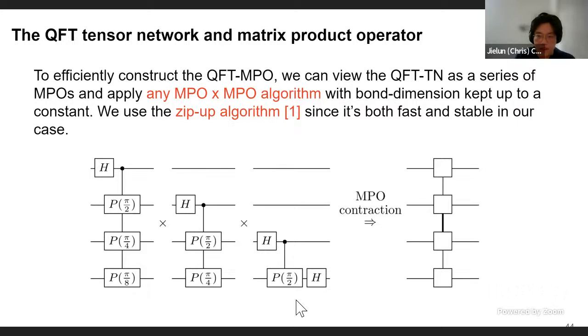So the problem with their framework is that you cannot really guarantee what's the entanglement weighting between applying these MPOs. By showing the entire QFT has a small entanglement, we can have a guarantee on how much entanglement the entire thing can generate. And it's also relatively more efficient because there's no fluctuation of entanglement when applying this QFT between these MPOs. So we can compress the entire operator first and apply it directly on the states.